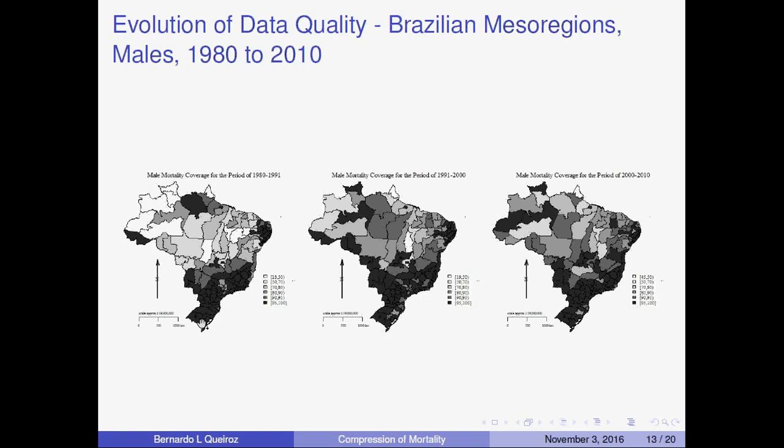And then we see in the 1980s, the southern part of the country has more complete coverage than the other parts. And 1991 to 2000, we see improvement of the collection of data. And then in the most recent years, some areas with low coverage, but very large parts of the country have a good estimate.